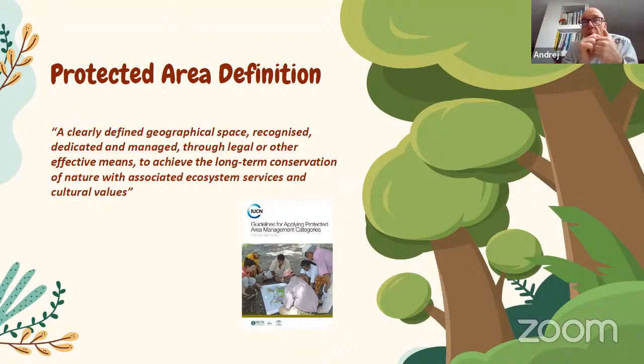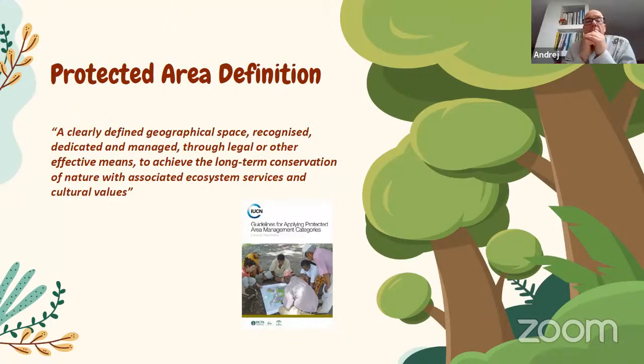So no take, no go, but this is also management. That has to be established by a legal or any other agreement. And the protected area, once it is established, it should be forever. It is not just short term. It should not be changed when a new development idea comes on the agenda.